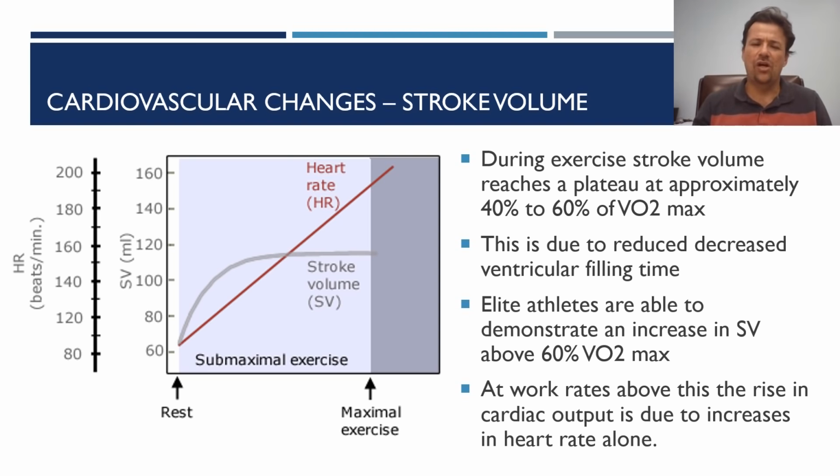Now, elite athletes are often able to go beyond 60%, some of them. Once exercise intensity increases above 60% though, the cardiac output will continue to increase, but now it's primarily due to the fact that stroke volume has plateaued, but the heart rate is increasing.